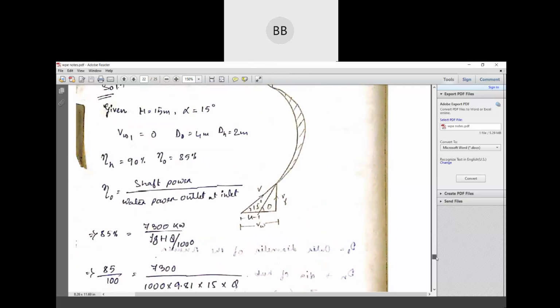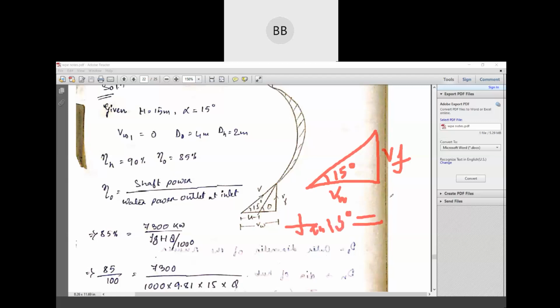So the parameters we need, VF we have calculated. We need to find out VW. For VW, we are going to use the larger triangle, VF, VW. Angle alpha is given 15 degree. So you take tan 15 degree is equal to VF divided by VW.